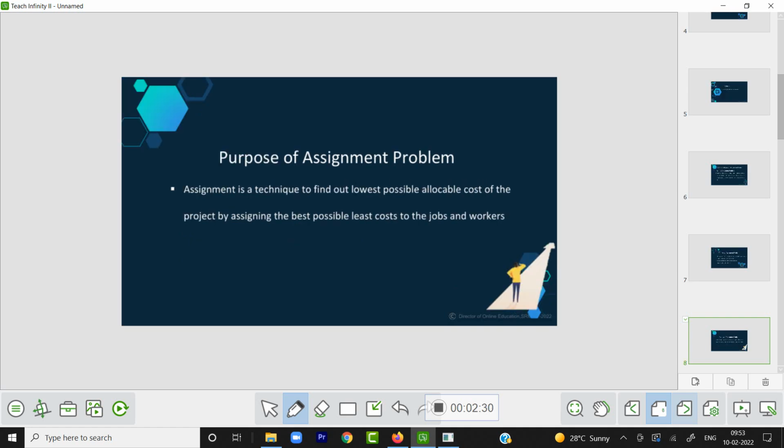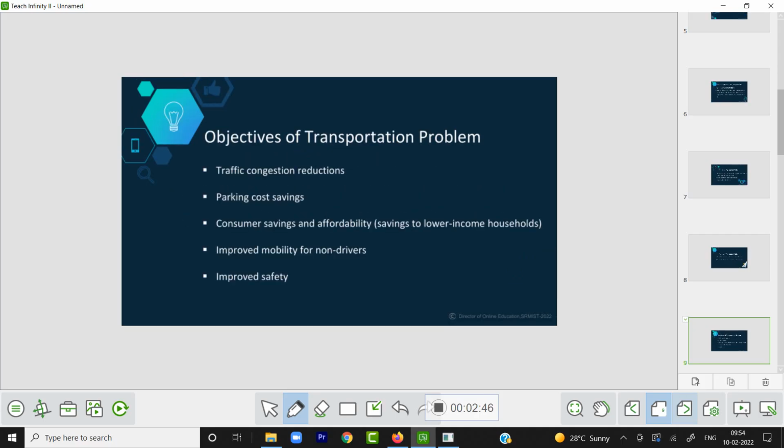The purpose of the assignment problem: assignment is a technique to find the lowest possible allocable cost of a project by assigning the best possible least cost to the jobs and workers. The objective is also to minimize traffic and reduce congestion, for example through multi-level parking.